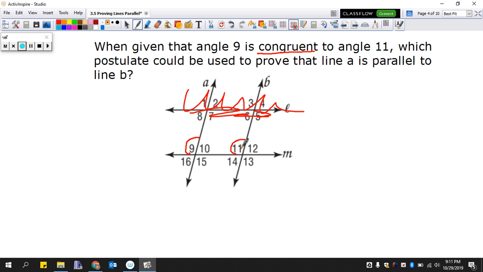If you have an exterior and an interior, then you probably are going to have corresponding angles. And sure enough, 9 is top left and 11 is top left. So those are the corresponding angles converse.